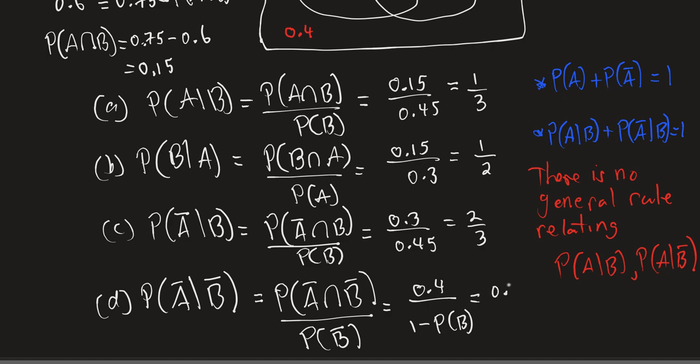So we got 0.4 divided by 1 minus 0.45, which is 0.55. And let's see, that reduces to 8/11. Yes, so that's our probability. So the likelihood that A will not occur given that B has not occurred is 8/11, right?